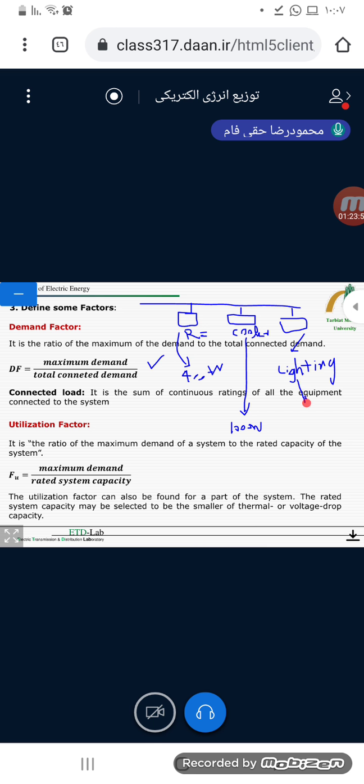And you have in the home 20 lamps. Each lamp is 50 watts, for lighting in the kitchen, in rooms and others. And for example, a TV is 200 watts.